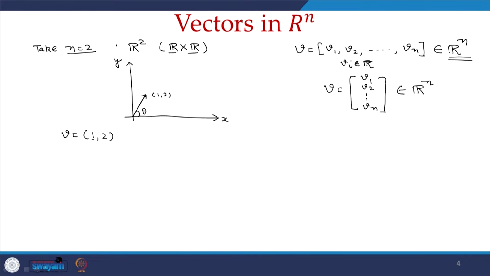Similarly, in 3 dimensional space, let me take x, y and z axes. We will have a vector with 3 components, a component in the x direction, y direction and z direction. So, for example, you take v equals to (1, 2, 3).